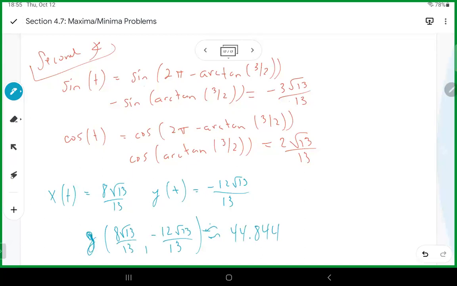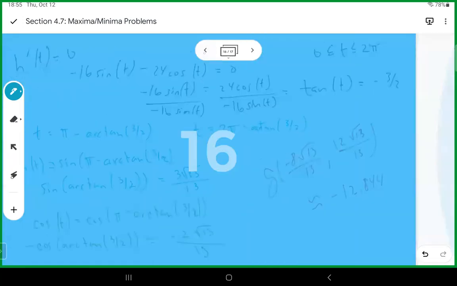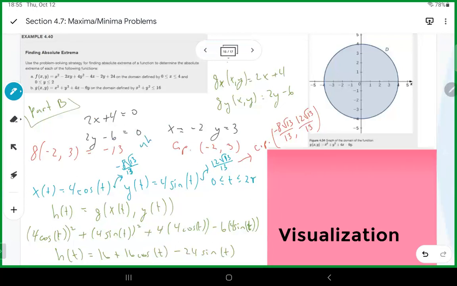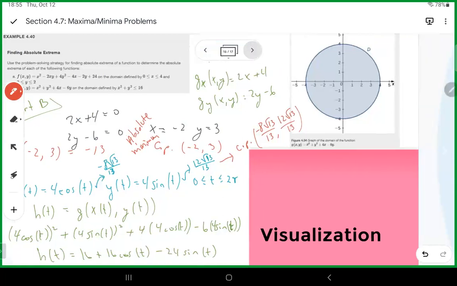All right, so we have an absolute minimum at negative 13. So our negative 13 will be our absolute minimum, which is an interior point of D. The absolute maximum of G is the last one we just found.